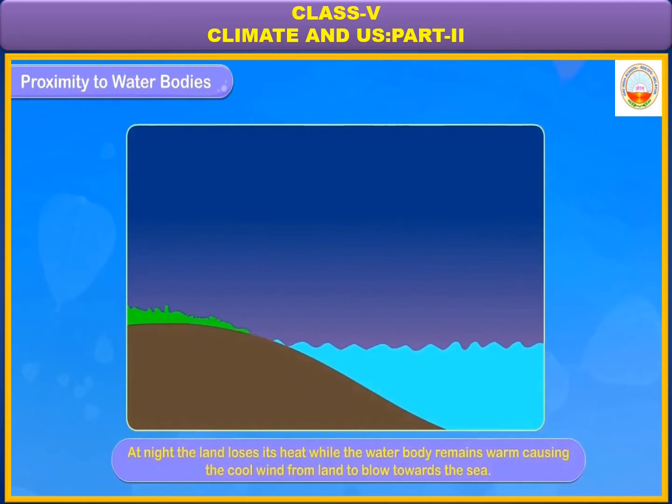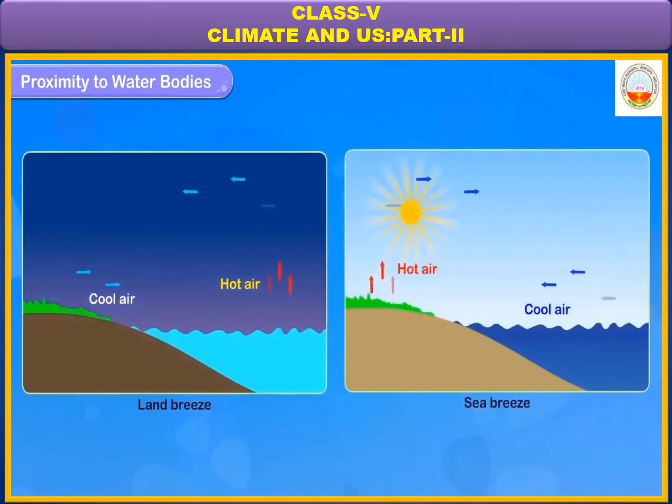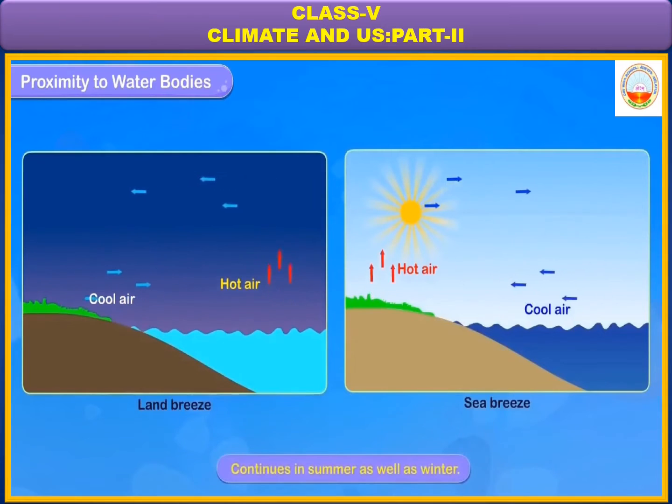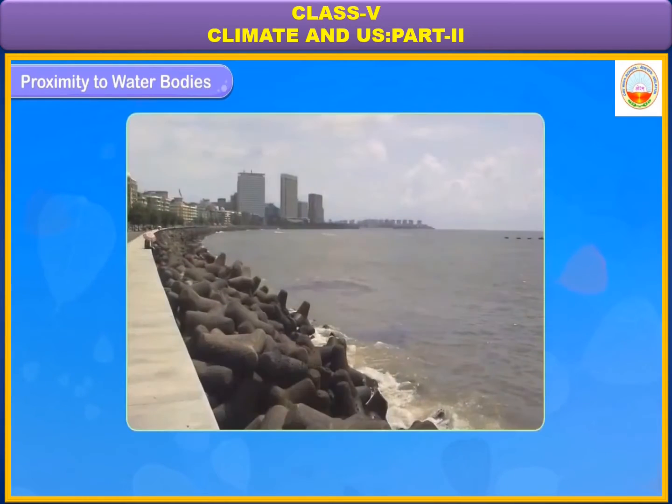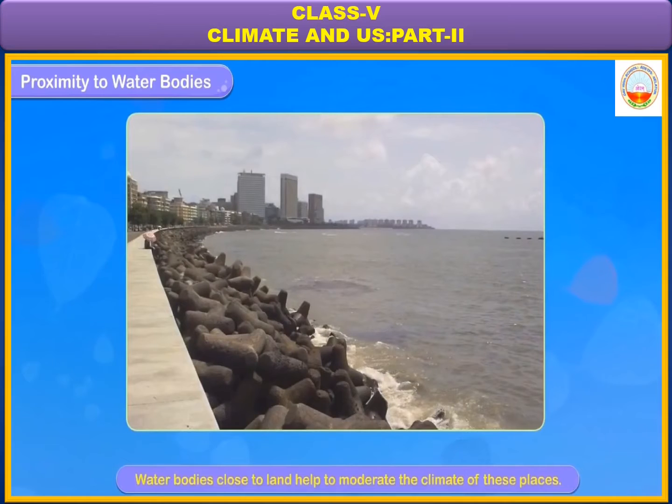At night, the land loses heat while the water body remains warm, causing the cool wind from the land to blow towards the sea. The circulation of land breeze and sea breeze continues in summer as well as winter. This way, water bodies close to land help to moderate the climate of these places.